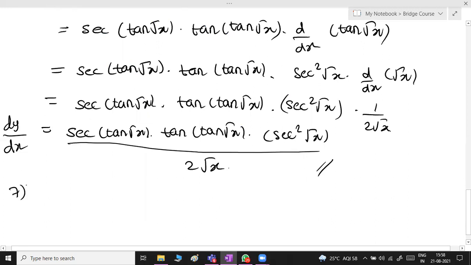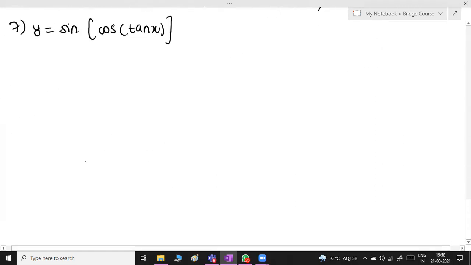So question number 7 is nothing but y is equal to sine of cos of tan x. Now people are nearly dead here, isn't it? So just pay attention. It's very simple. You need to write it step by step, and you need to go on differentiating.